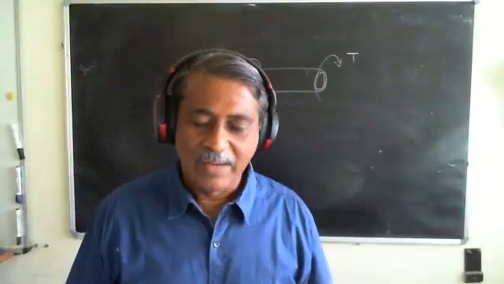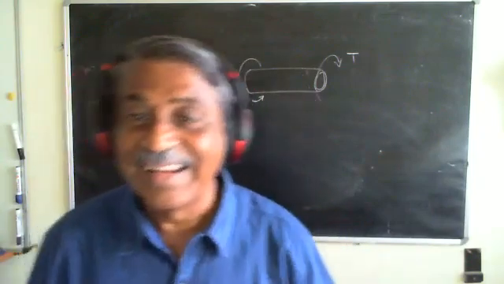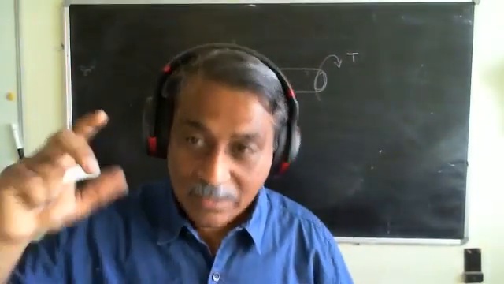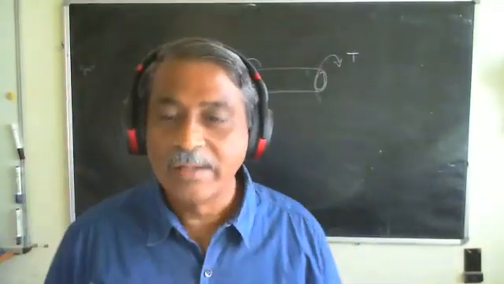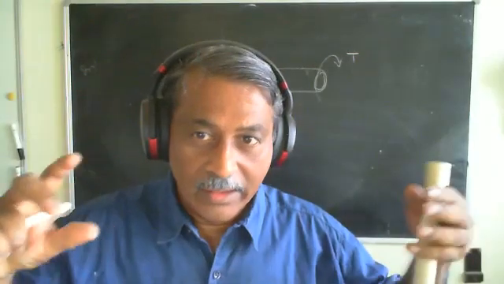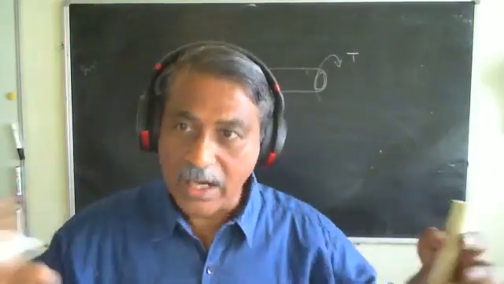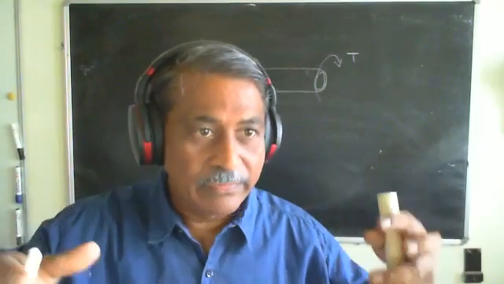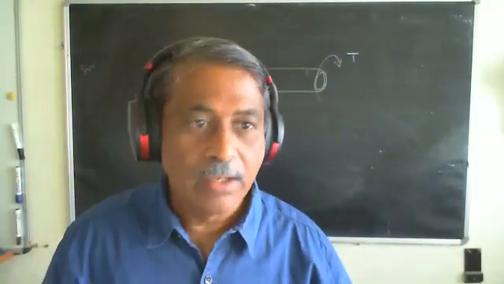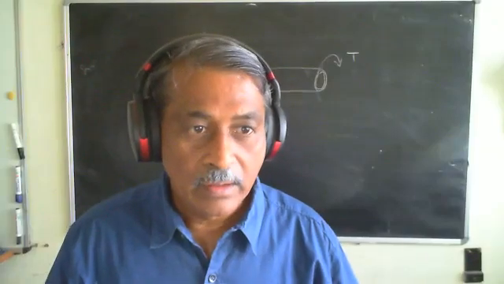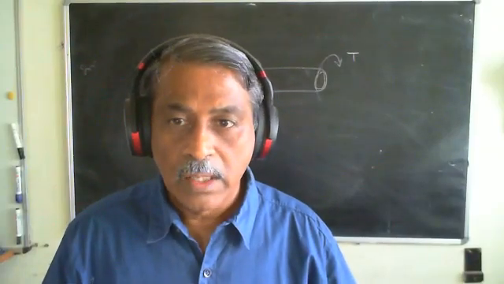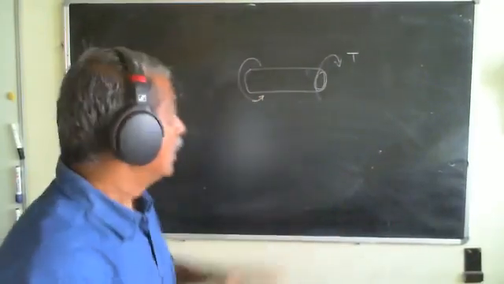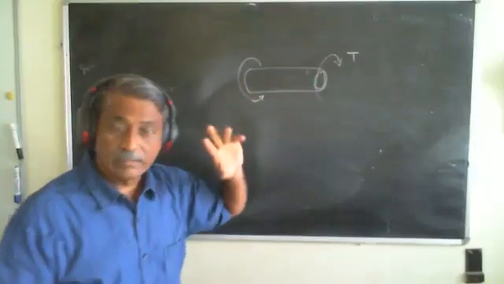I'll repeat it once more. Once I apply torque, the element or the shaft twists, and due to the twist, there is an angle of twist that we find out. Now, I'm deliberately taking a circular cross section.